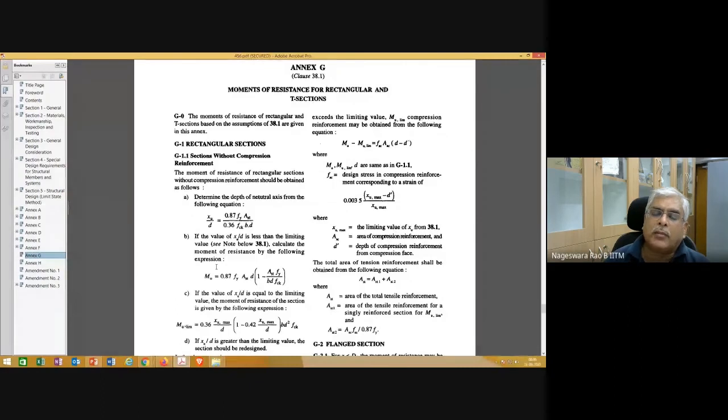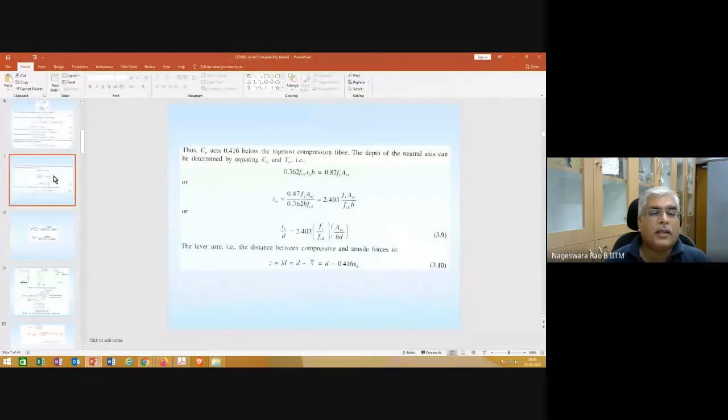How do we calculate moment of resistance with respect to steel? It's stress in steel multiplied by area of steel multiplied by the lever arm distance. So let's see whether that is what is written here. Stress in steel 0.87 Fy, area of tension steel AST multiplied by the lever arm. Is this the lever arm? Let's see that. Here.